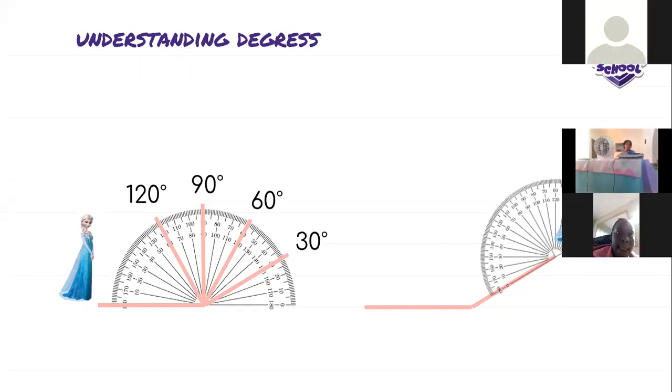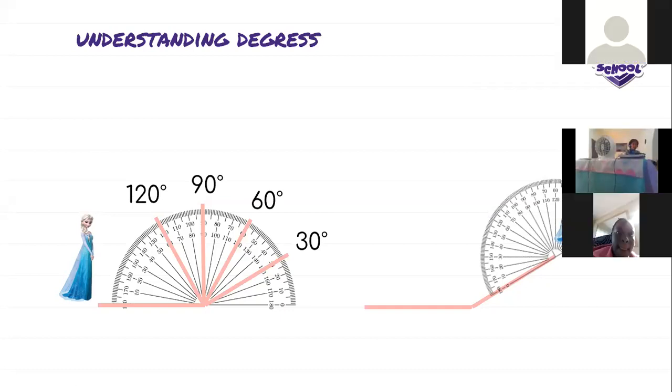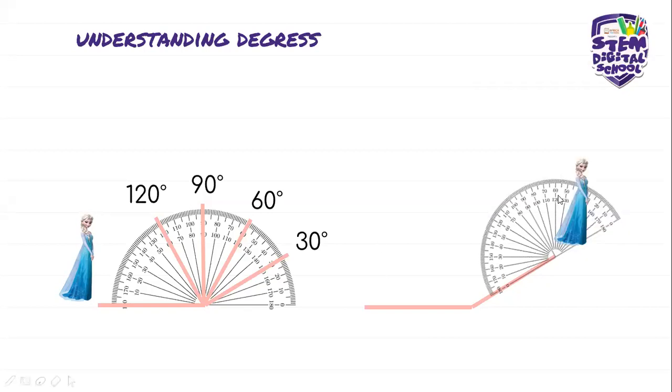Okay, so if I say turn by 120, then we can see this is a left turn, and then we're going to look and we're going to follow. There's our code, and we go all the way around up till we get to 120, which is over there, and then she's going to turn 120 degrees left.